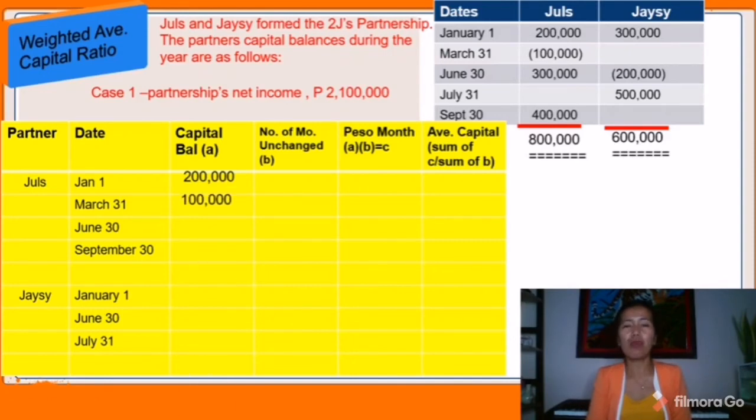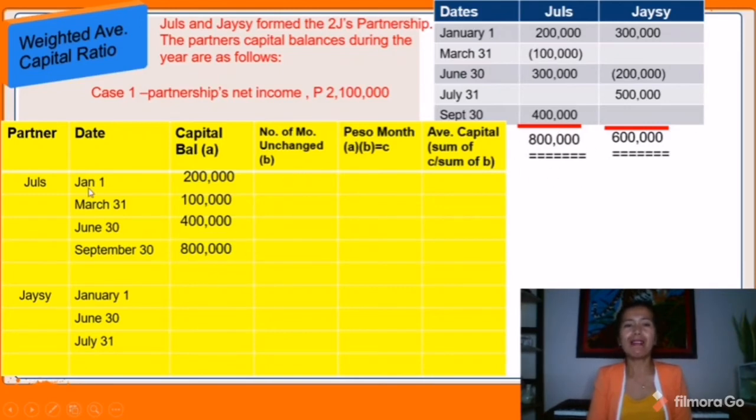And for June 30, how much would be the capital balance? That is 100 plus additional investment of 300. That will give us 400,000 pesos. And lastly, on September 30 for Jules, that is 400,000 balance plus additional investment of 400. That gives us 800,000 ending capital balance. And this is the same with this.